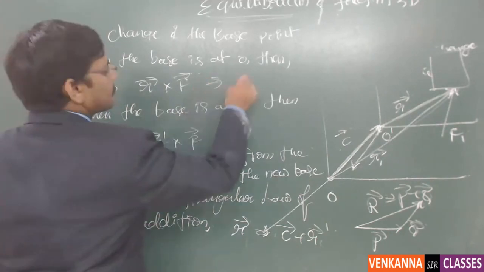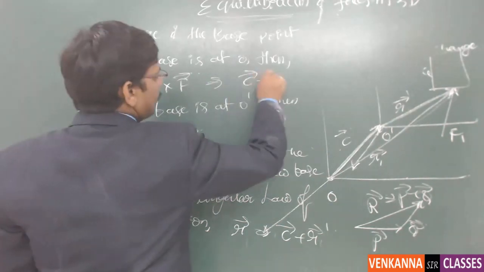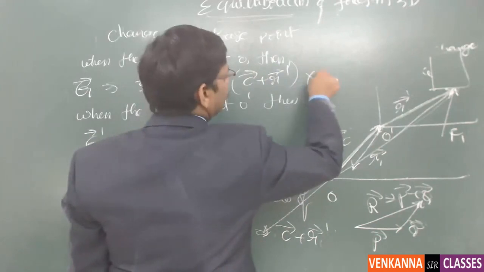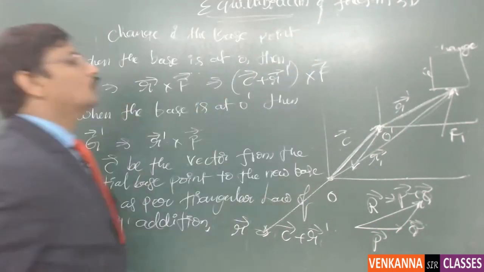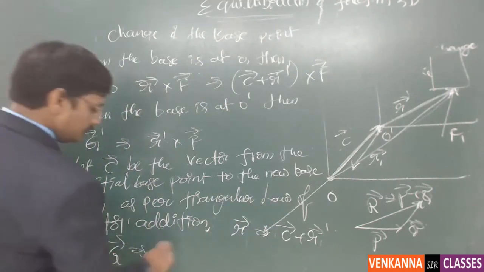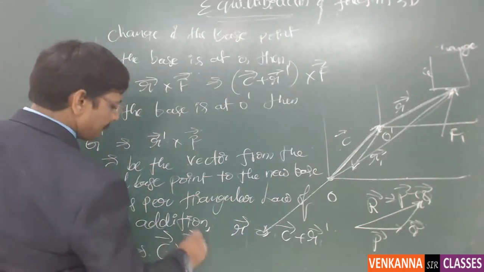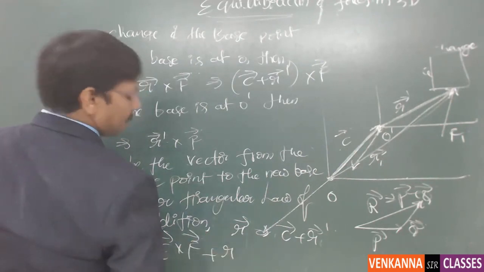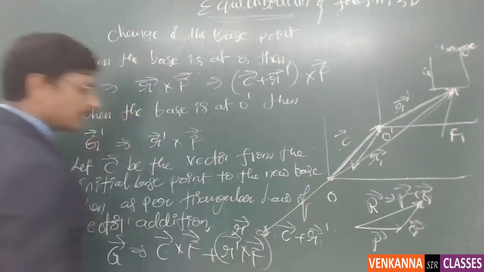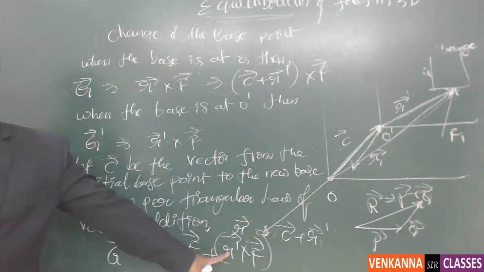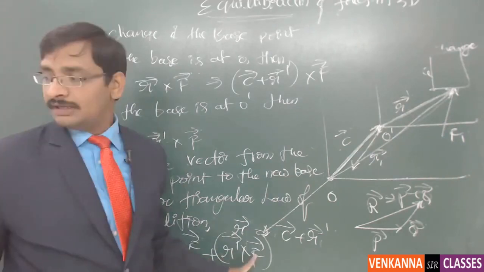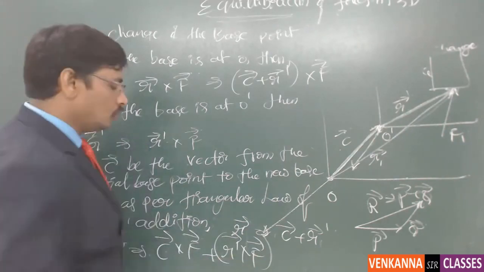Now if you keep it here, C plus R dash cross F. This is the new moment. Now if you simplify that, G is equal to C cross F plus R1 dash cross F. Now if you notice, R1 dash cross F is nothing but the G dash, which is the new moment.